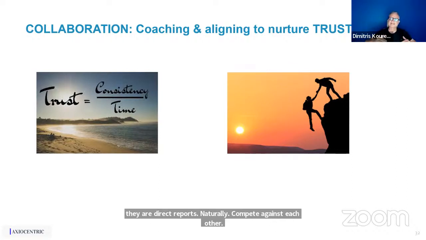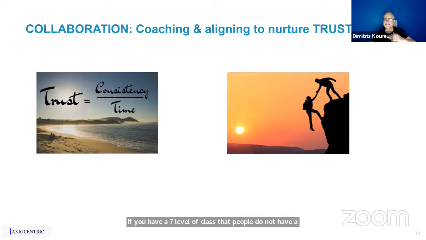If you have a certain level of trust that people do not have a personal agenda and do not try to go against you to steal your team, to steal your budget, etc., then there is good collaboration, which is good for business as usual, and especially very important if you run a transformation project. Leaders do not spend enough time to coach and align their direct reports. This is one of the biggest weaknesses we have in transformation.